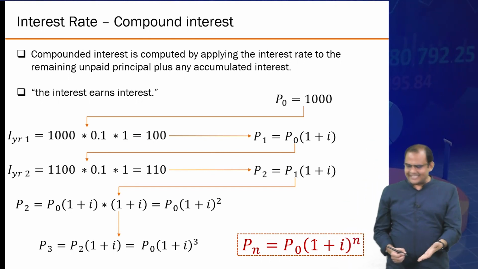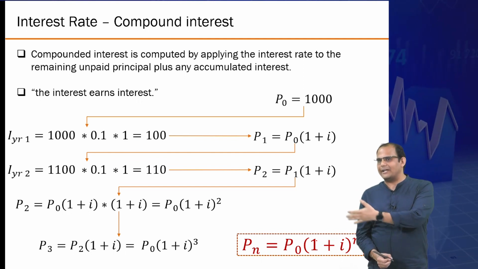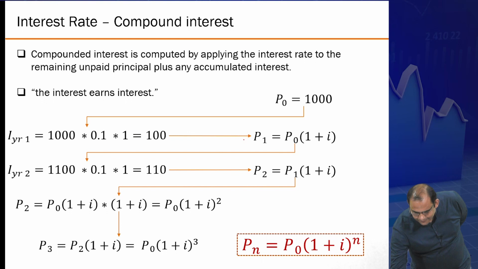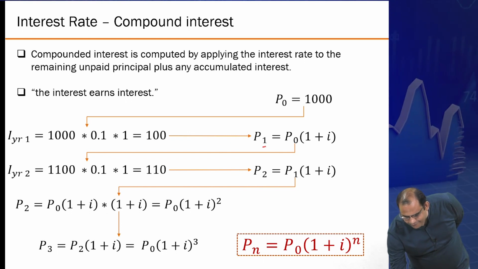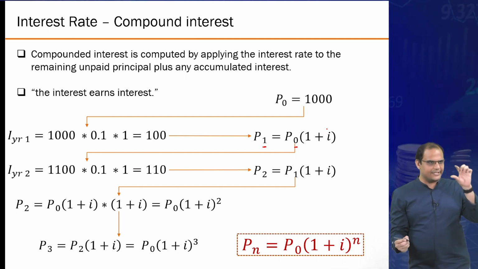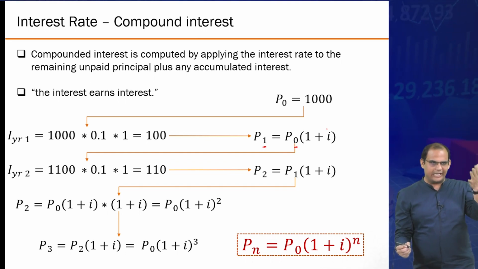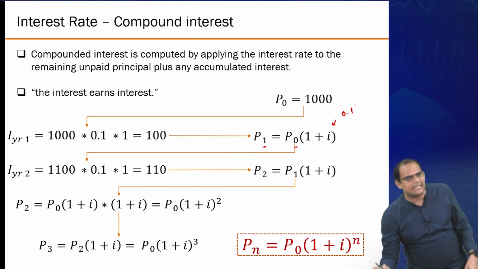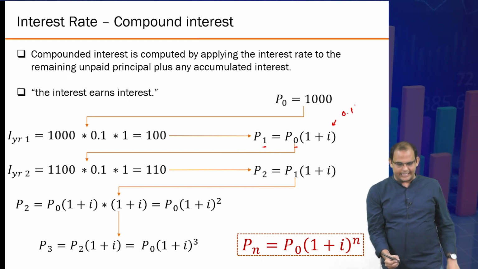So I'm just generalizing the same formula that we tried to derive earlier. Essentially, let's say if P0 is whatever the value, your P at the end of year 1 becomes P0 into 1 plus I. I is your interest rate in percentage, or in here it will be in fraction, right? It will be like, for example, 0.1, which is the 10% per year. So that is the I here.